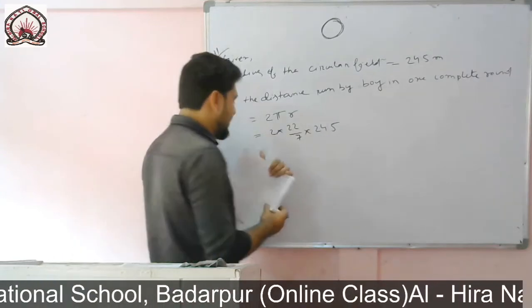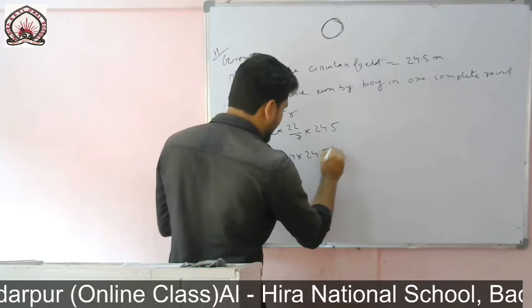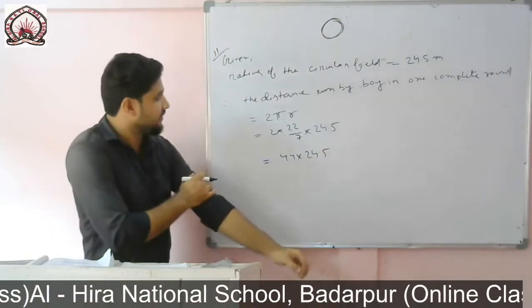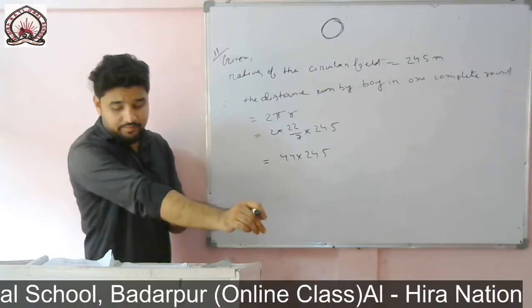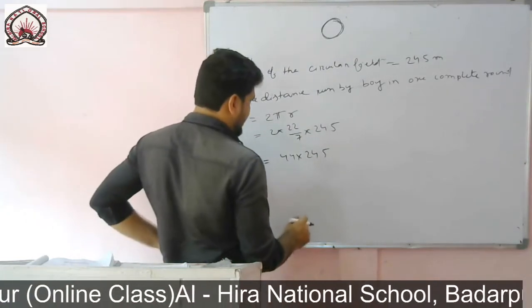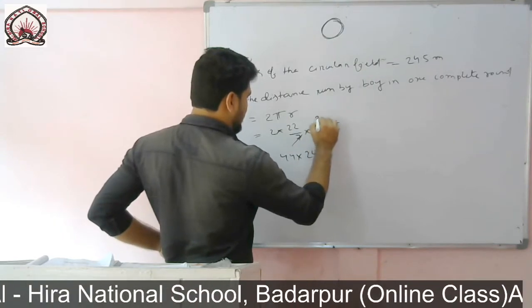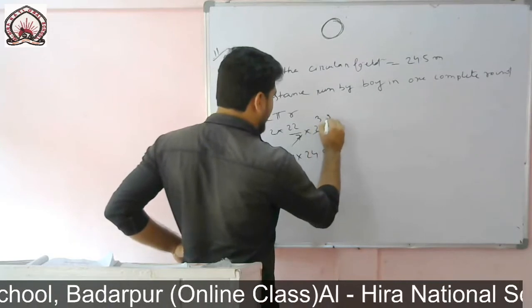If you multiply, then you will get 44 into 24.5. If you cancel here, you will get 3.5.